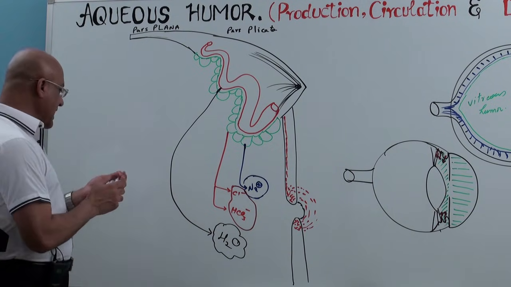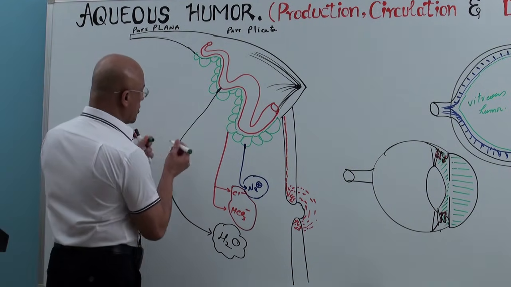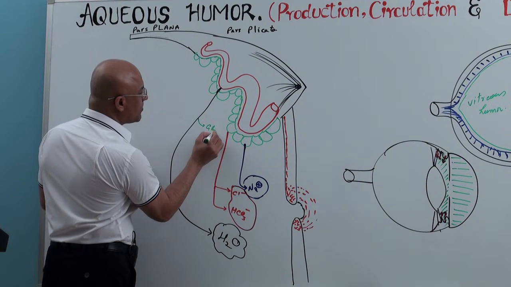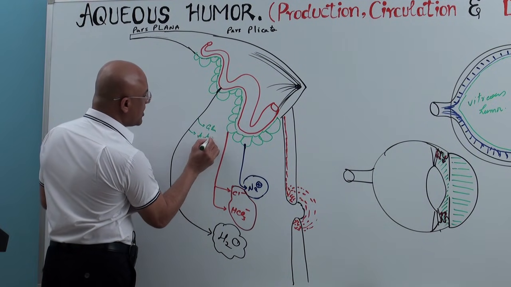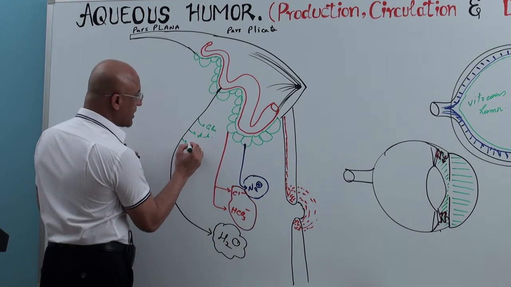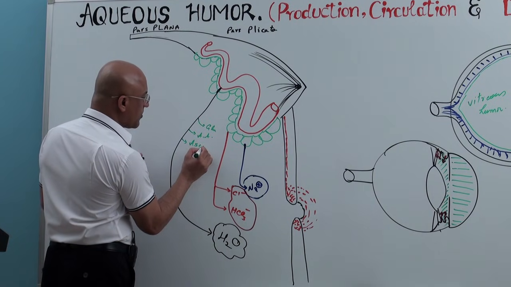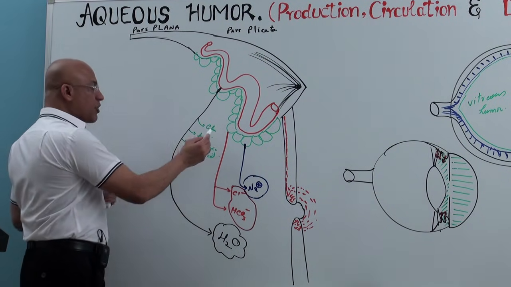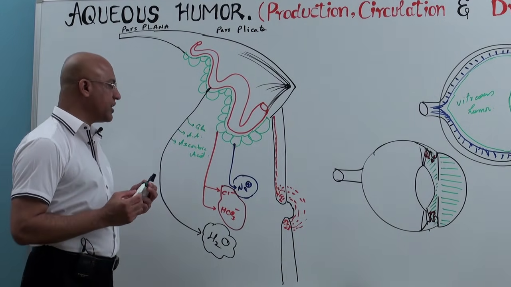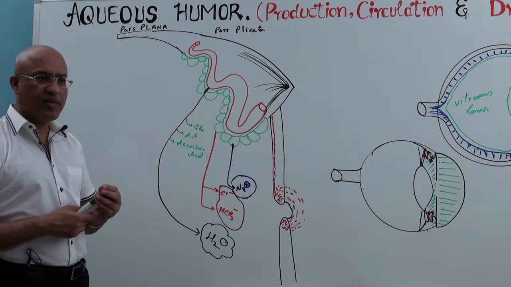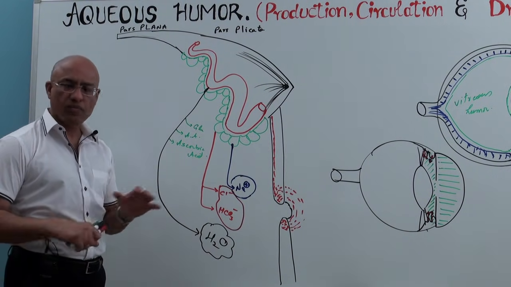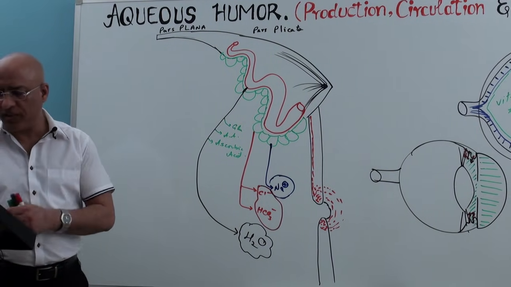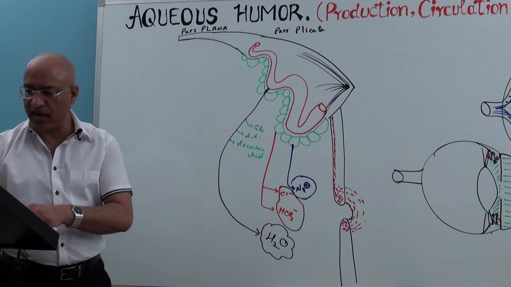And of course with that there is also transport of glucose, amino acids, and especially don't forget ascorbic acid, vitamin C, which acts as an antioxidant. Glucose and amino acids, of course, provide nutrition to the lens and the cornea. Am I clear up to this? So this is the main mechanism of how it is being secreted, right?